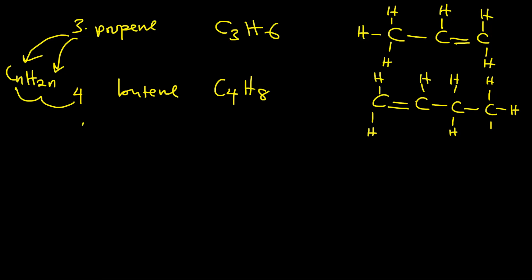So go on and draw up to 5, which means you are going to go for the one with carbon 5 and the one with carbon 6. Okay, remember when you are counting, the first one in the series is ethene. The second one is propene. The third one is what? Butene.